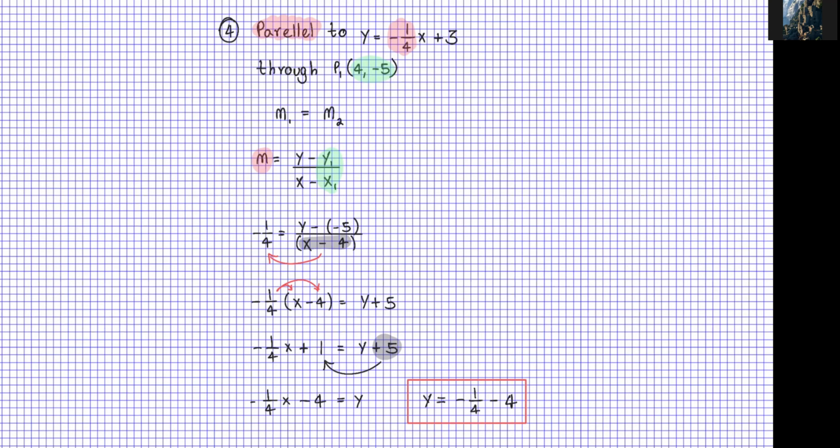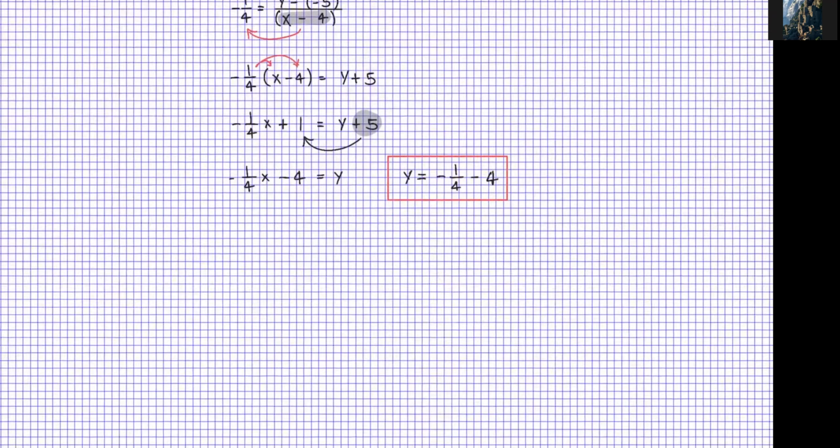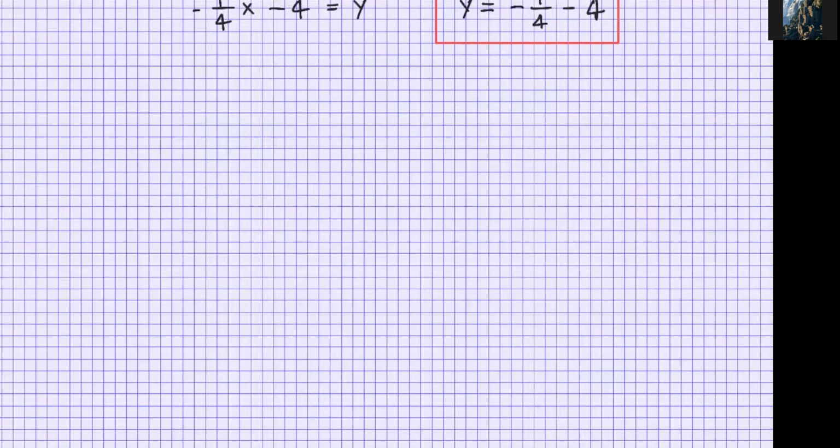Now, on to the final variation. In this final example, number 5, the information that is given to us is similar to the previous example. But now, instead of giving us a parallel equation, they're going to give us an equation that is perpendicular.